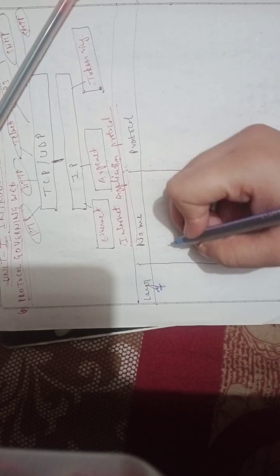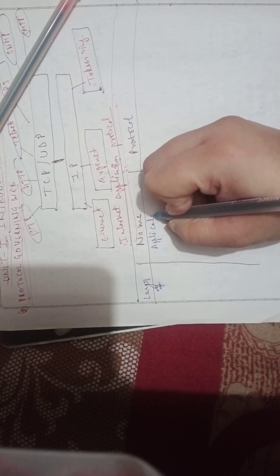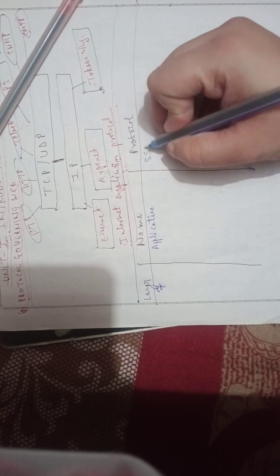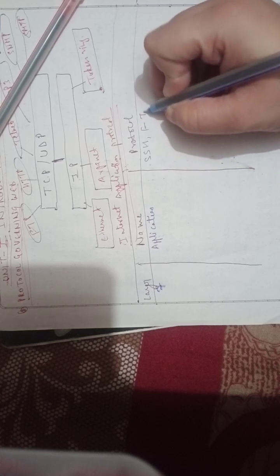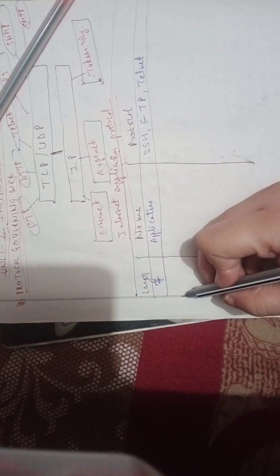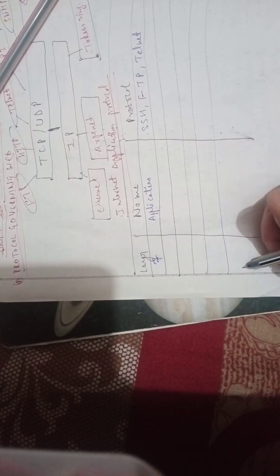As I told you, we have a 7-layer structure. So the layer is application. In the application layer, the protocols used are SSH, FTP, that is file transfer protocol, and Telnet. This is used in the 7th layer. One by one we'll discuss it.